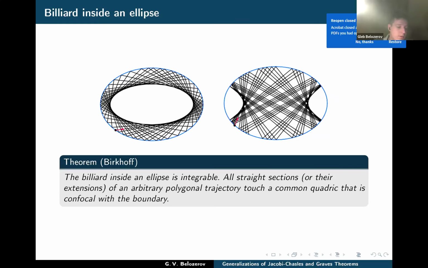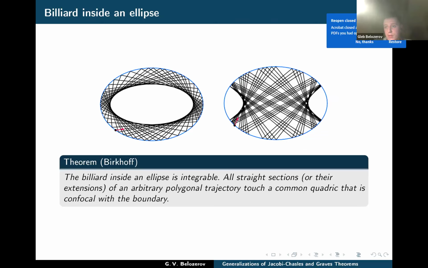Moreover, the following theorem is true. The billiard inside an ellipse is integrable. All straight sections or their extensions of an arbitrary polygonal trajectory of this system touch a common quadric which is confocal with the boundary.